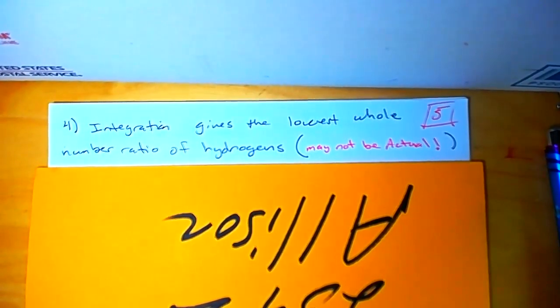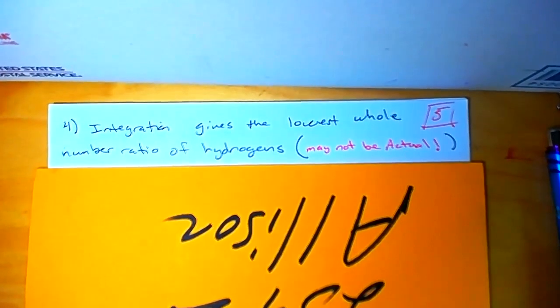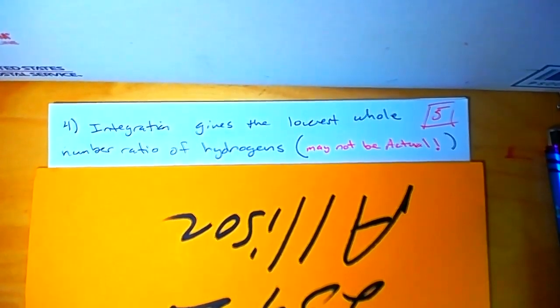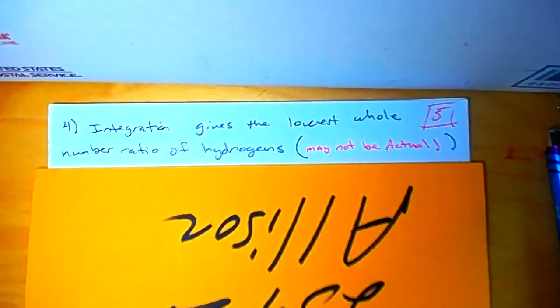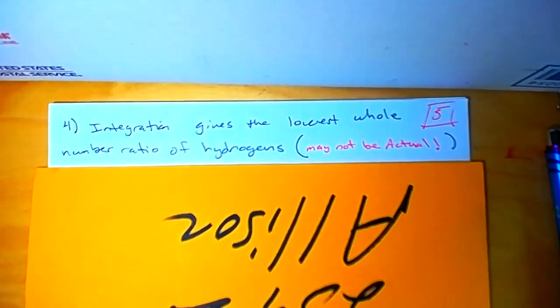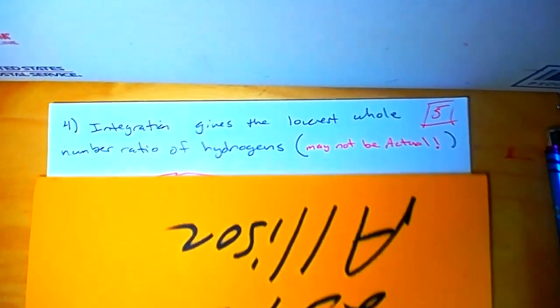You want to think of this as more like an empirical formula, even though that's not really what it is. It's not necessarily the exact number of hydrogens in the compound. The machine can't tell you exactly how many hydrogens are there. It can just tell you the ratio. And that's because the machine views symmetrical hydrogens as the same signal.